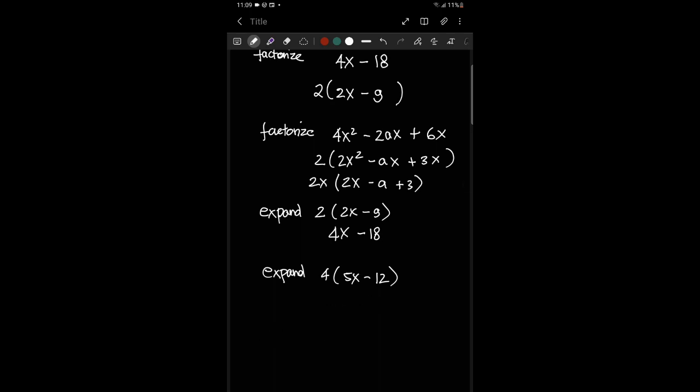That's the factor that is taken out from each term of the expression, and I want to give it back. So 4 times 5x becomes 20x. 4, I give it to negative 12, becomes negative 48. That's the expand.